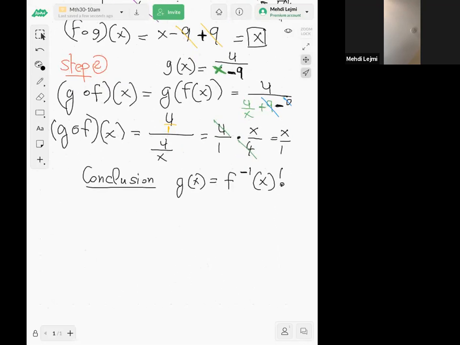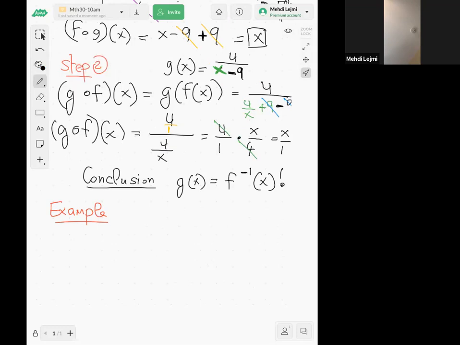Let's say f of x is 4x minus 7. We checked that if g is x plus 7 over 4, then this g is the inverse of f. That was our first example.